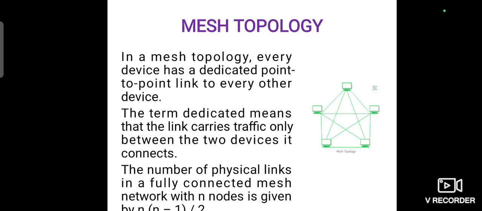It is suitable for a small number of devices. Even for only 5 devices we need 10 links, so we need very huge wires. The cost of maintenance is also high. The common example for mesh topology is the network backbone.